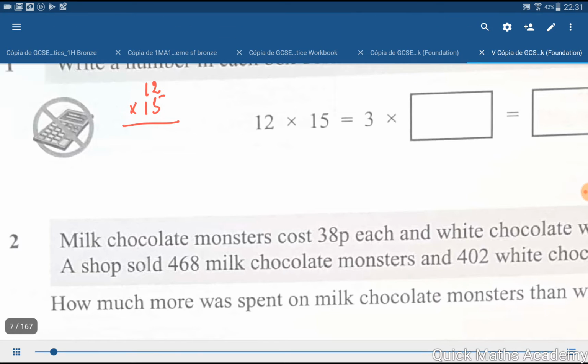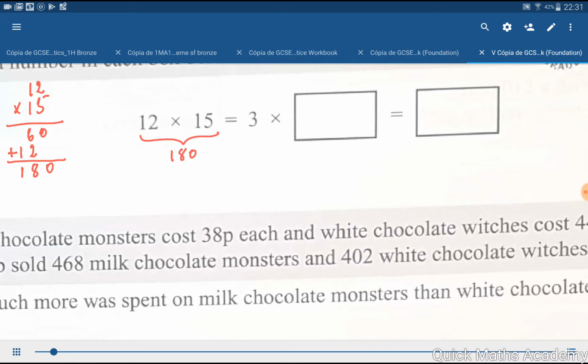Well, 5 times 2 is 10. 5 times 1 is 5, plus 1 is 6. 1 times 2 is 2, 1 times 1 is 1. So we have 180. Okay? So 12 times 15, I know this number is 180. Okay? So my end result is 180.